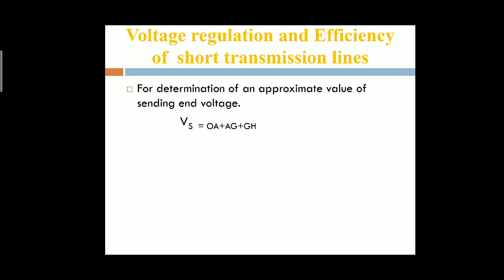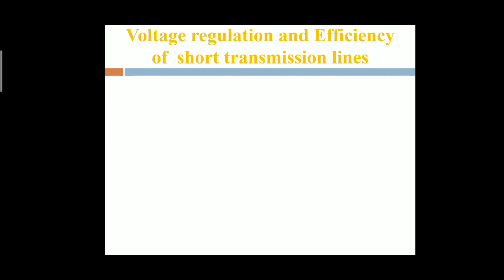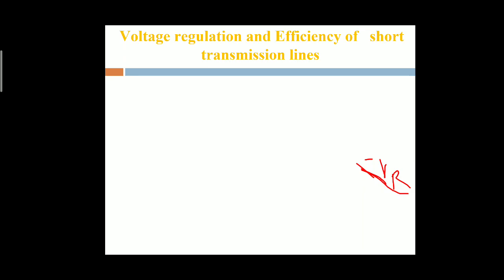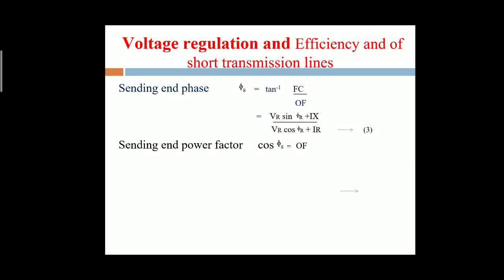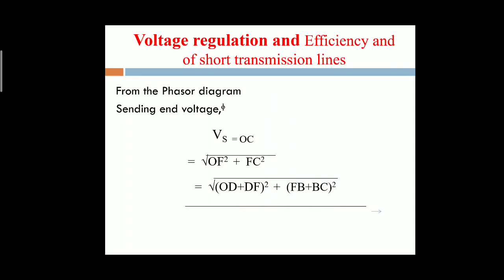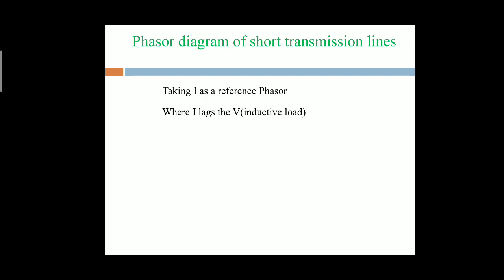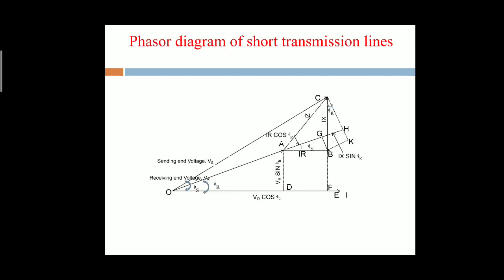Next, to determine the approximate value of the sending end voltage, that is Vs, OA plus AG plus GH. That we also observe in the phasor diagram. First, what is the approximate value for the sending end voltage?